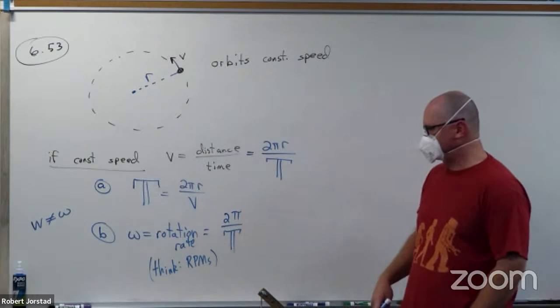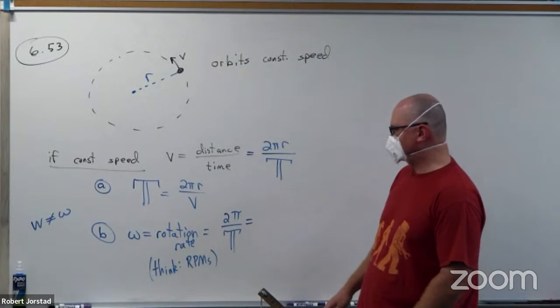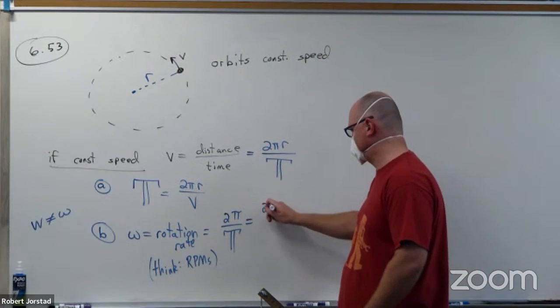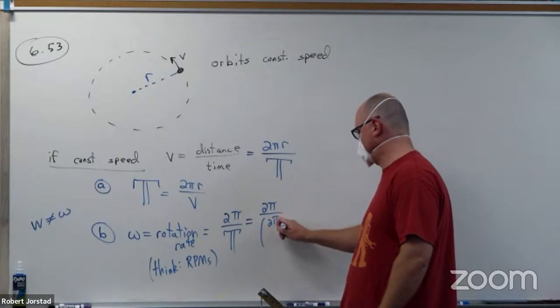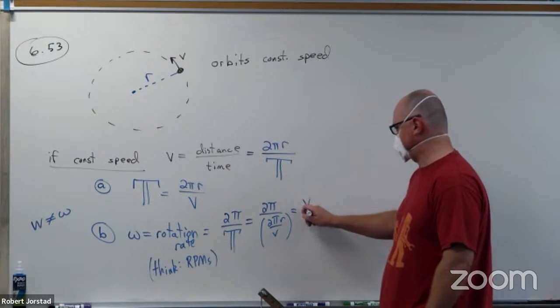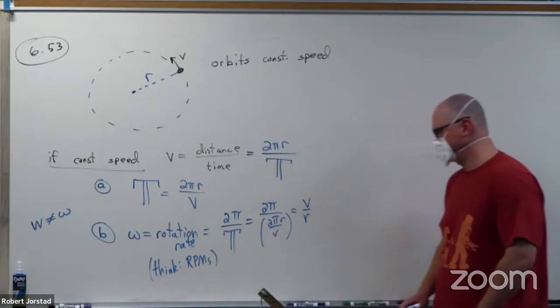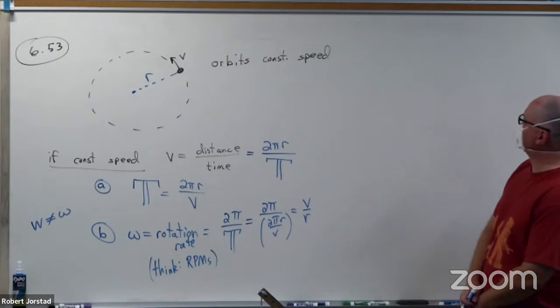Omega is 2 pi over the period. Well, take a look. Let's plug this in. It's 2 pi over, all over what? 2 pi r over v. Do you agree that's v over r? Now, I have a way to remember this.